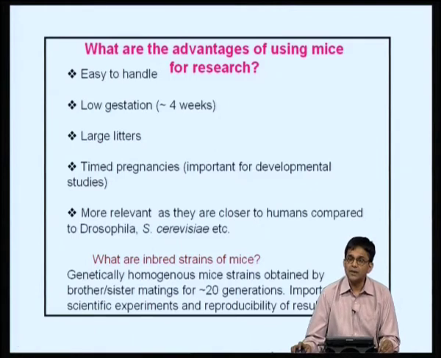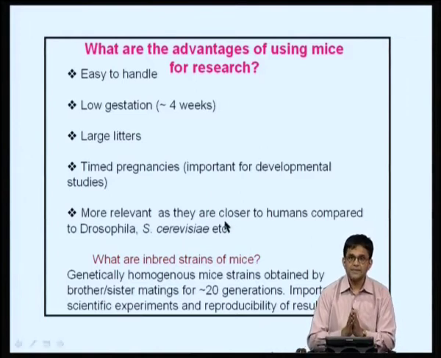At this stage, it's important to understand the use of inbred strains of mice. What are inbred strains of mice? These are genetically homogeneous strains of mice, obtained by brother-sister matings for almost 20 generations. What this does is allow the genome to be almost identical in mice of a particular strain. And why is that important?